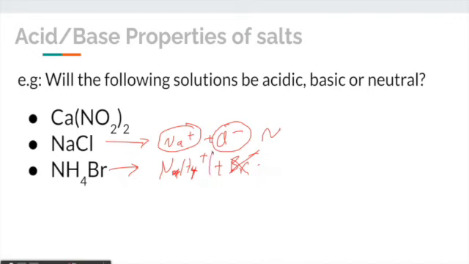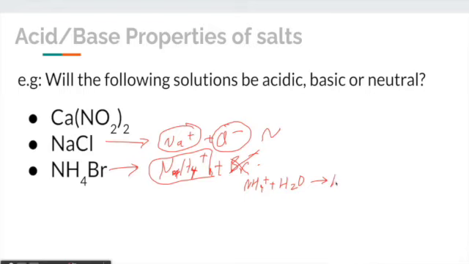But remember this cation, that's an acidic cation. It's the conjugate acid of ammonia. So what it's going to do is take water molecules and NH4 pluses, and donate protons to them.